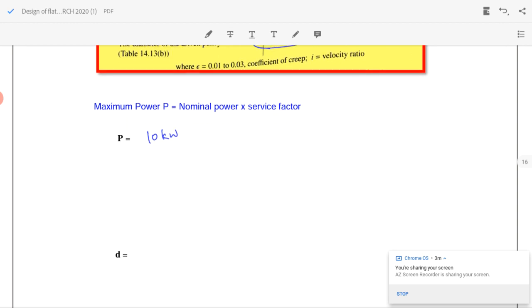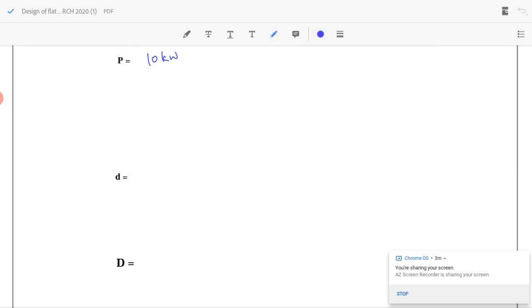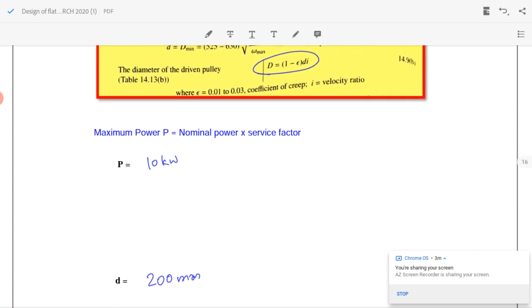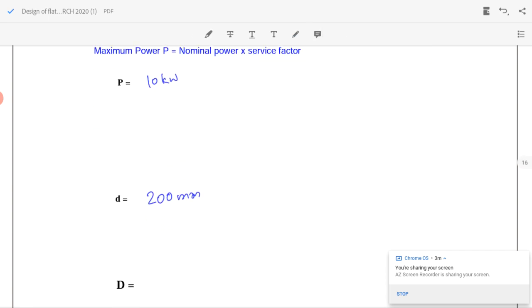Further, it is given small d equal to 200 mm, and the equation for capital D can be found from (1 minus epsilon) d i. I will rewrite that equation. You might remember from the previous lectures, epsilon was the percentage slip, which is not given in this question.